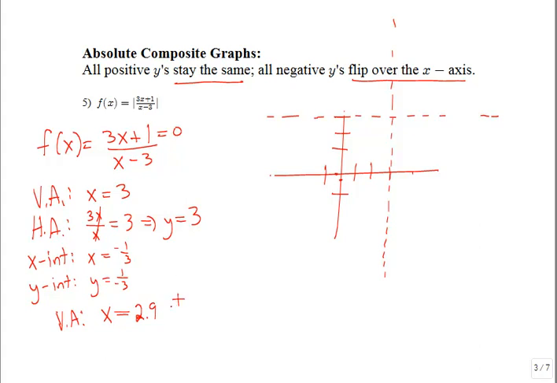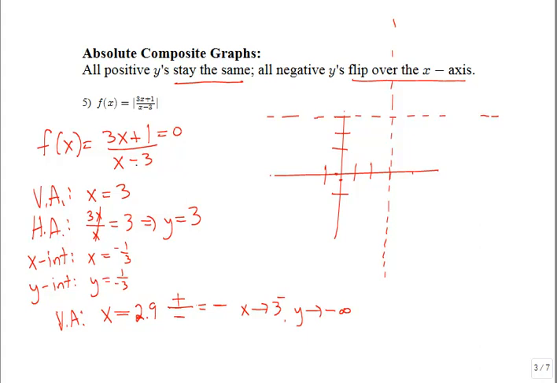So that numerator is a positive value. If I take 2.9 and plug it into the bottom, 2.9 minus 3 is going to be negative. All I care about is whether this is positive or negative. So a positive divided by a negative stays negative. So what this means is as x goes to 3 from the left side, because we were looking at something smaller than 3, the y values are going to be going to negatives, and they're going to be shooting towards negative infinity, because that's what happens with a vertical asymptote.